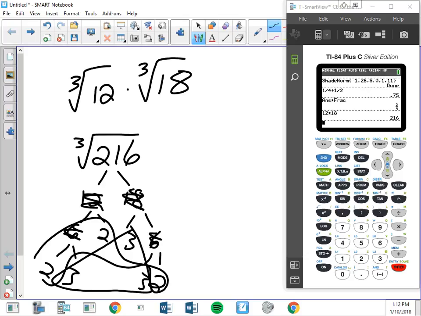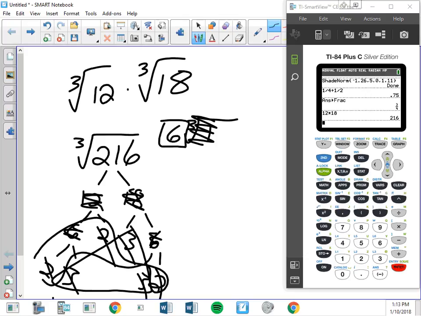Multiply them. So on the outside, I get 6. And what's left on the inside? Nope. I got rid of all the 3s, and I got rid of all the 2s. There's nothing left. So I'm done. So it's 1, but it's just 6.